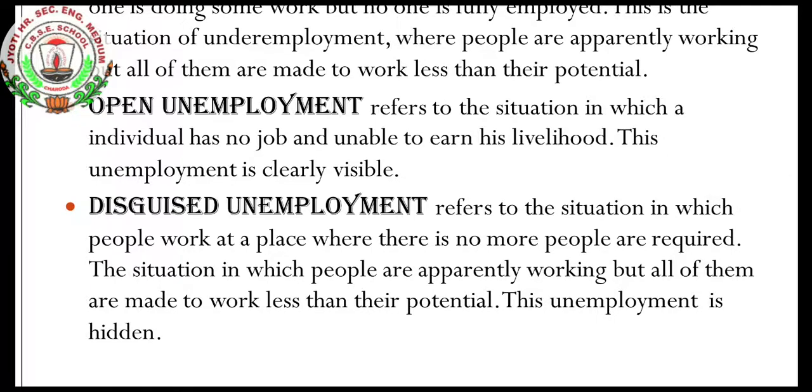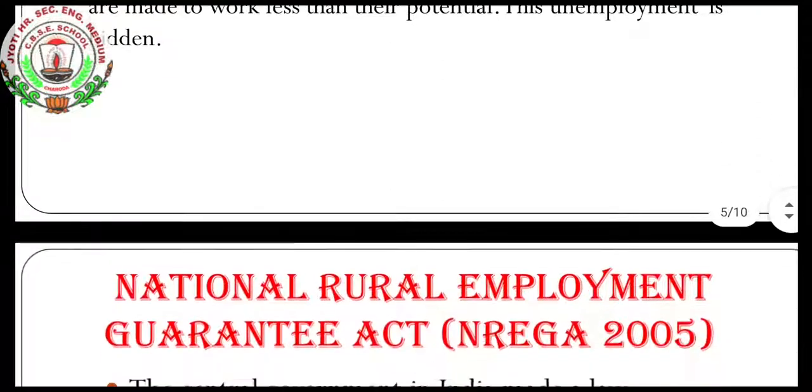Disguised unemployment refers to the situation in which people work at a place where no more people are required. People appear to be working, but all of them are made to work less than their potential. This unemployment is hidden.